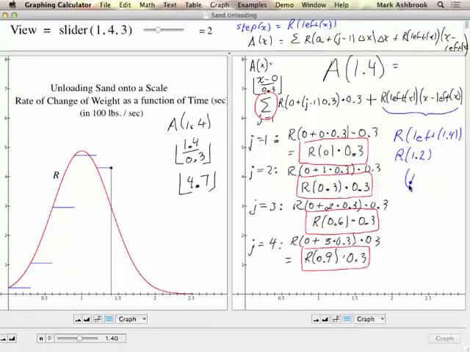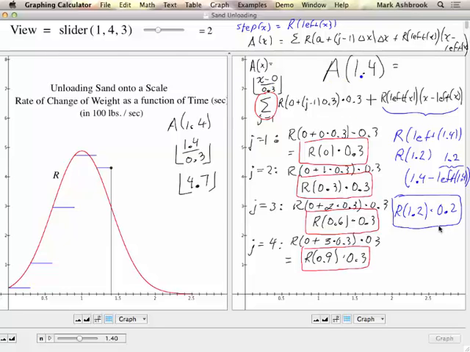Times 1.4 minus left of 1.4. That's like our smaller delta x. 1.4 minus left of 1.4, which is, instead of times 0.3, now times 0.2, because this is 1.2. So here then is the little bit more accumulation, k delta x, for the little partial step there.